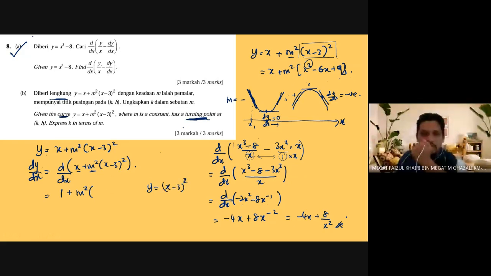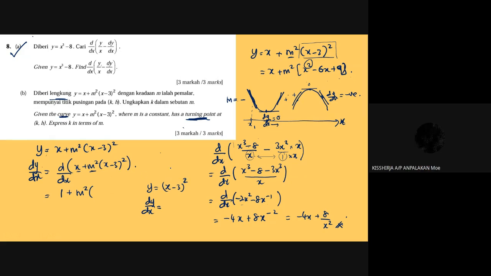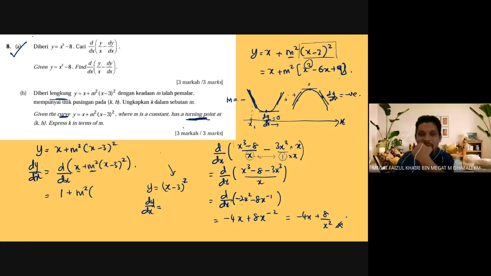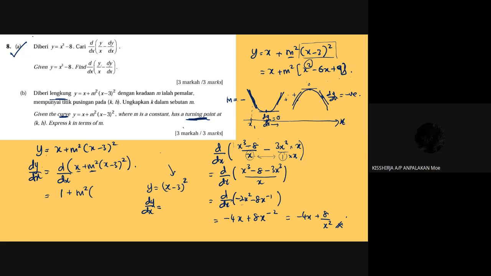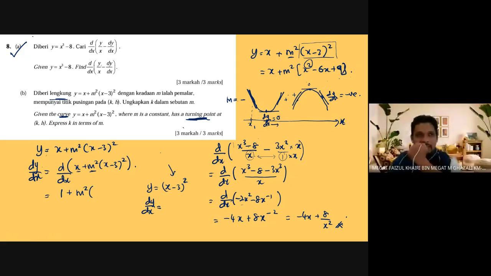Differentiate this separately here. Then dy/dx equals... Kiki, do you have any idea how to differentiate this? You have to expand. Expand is one idea.